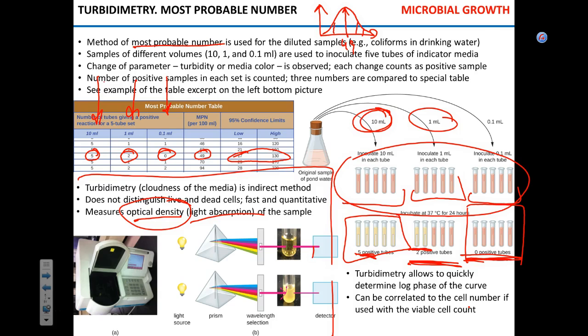Say, if the most probable number is 49 or more, then we close the beach. If it's less, then we're fine. Does that make sense? So this method doesn't give you the exact, undisputable number. It gives you a probability to have a certain number of bacteria in the water, okay? Does that make sense?